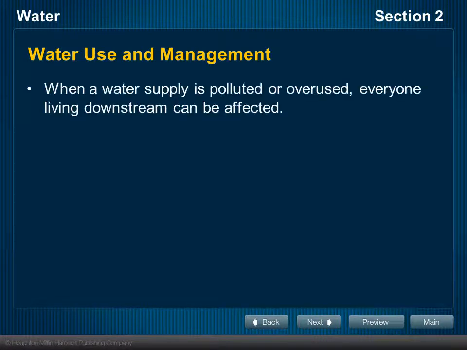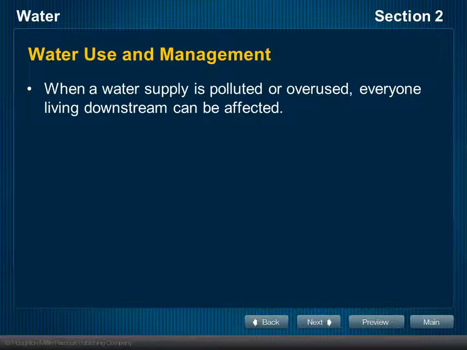Now let's look at water use and management. If we look at how water has been handled and treated around the world throughout human history, we understand that there is a challenge that exists as people in non-industrialized or less developed countries use rivers and streams.